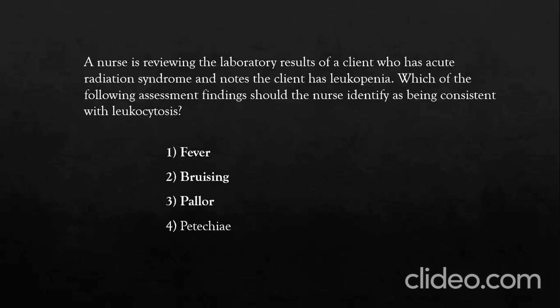So fever is with leukocytosis, but bruising and petechiae will go with platelets. Your platelets are low, you're at risk for bleeding. Signs of bleeding will be bruising and petechiae. Pallor means your skin is pale, you look like a ghost. That comes from a low red blood cell count and anemia. That will be pallor.